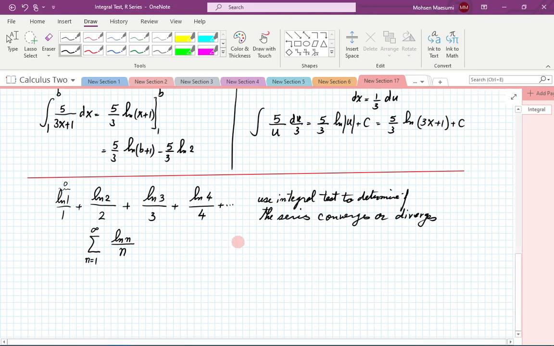Well, it's easy to match this against the function, because all of these have the corresponding functions from calculus. In this case, it's going to be just logarithm of x over x. So the integral from 1 to infinity of f of x, in this case logarithm of x over x dx, is going to have the same fate as this series.